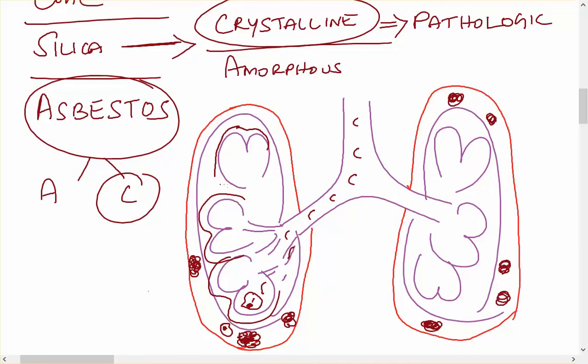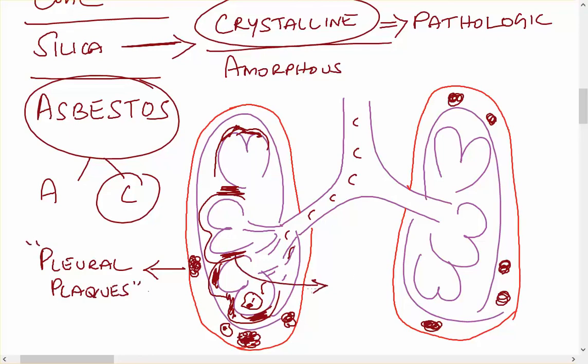They also produce interstitial fibrosis type. So these pleural nodules are called pleural plaques. You girls are with me? Pleural plaques. And this is interstitial pulmonary fibrosis.